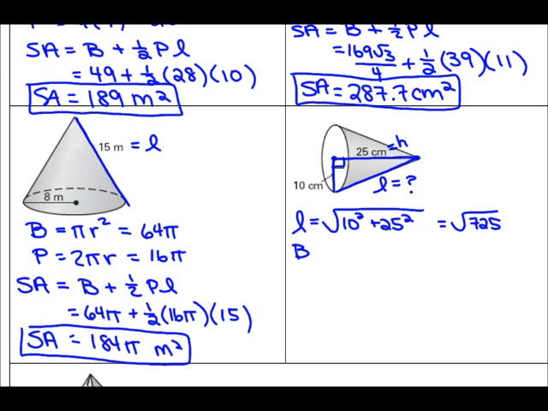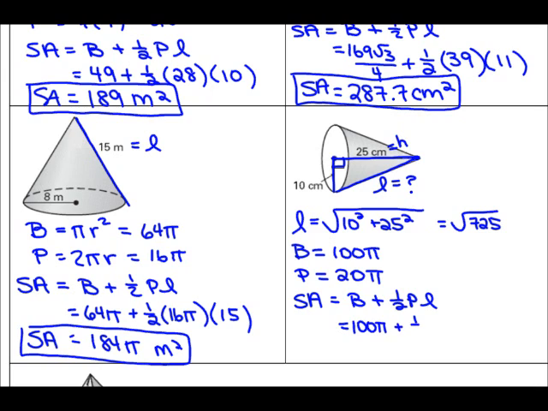Okay, next we need to know the area of the base. Area of the base, we've got radius is 10, so pi r squared for our area, that gives us 100 pi. And then the perimeter of our base, 2 pi r, that gives us 20 pi. So now plugging in for surface area, we need 1 base plus half the perimeter times the slant height. Area of the base was 100 pi plus 1/2 times the perimeter of our base is 20 pi.